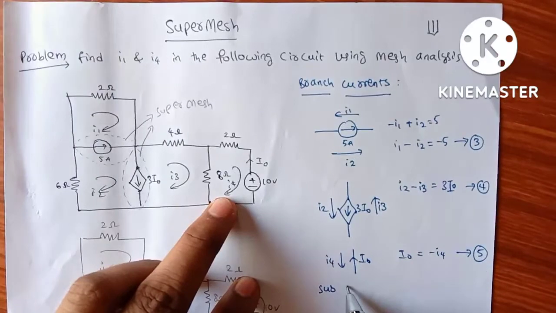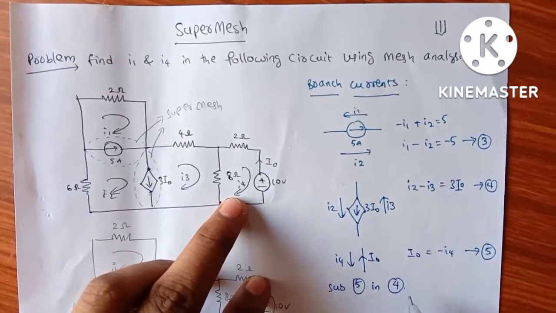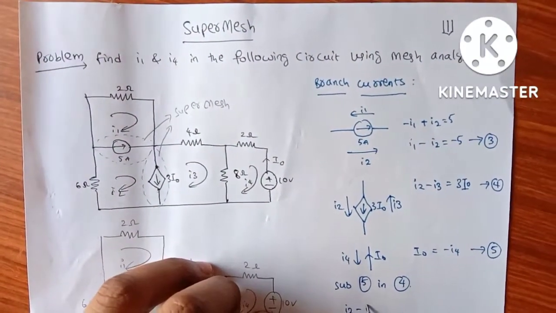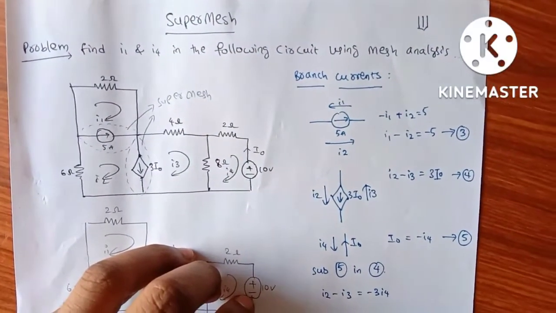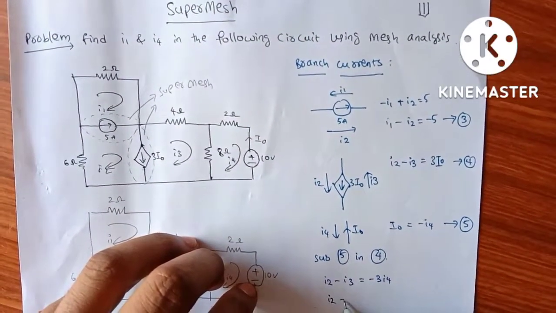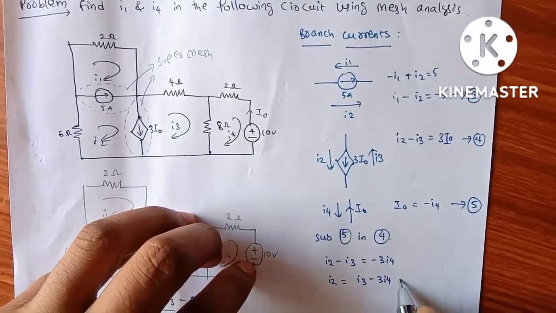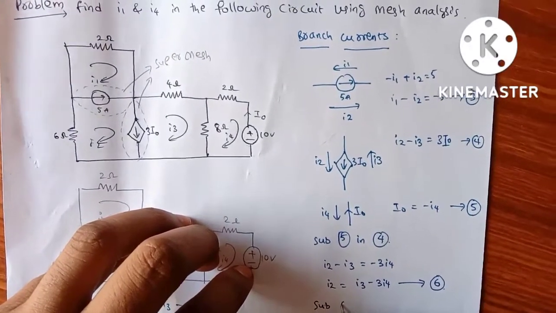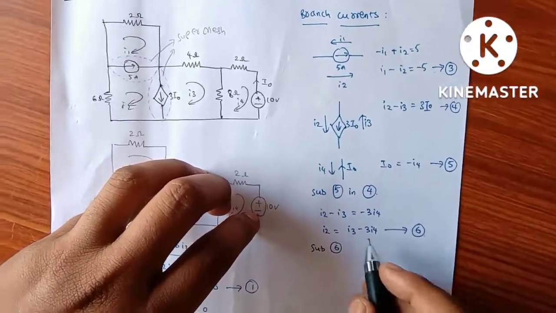Substitute equation 5 in equation 4. Then we get I2 minus I3 equals minus 3I4. Then I2 equals I3 minus 3I4. Consider this as equation number 6. Substitute equation 6 in equation 3.